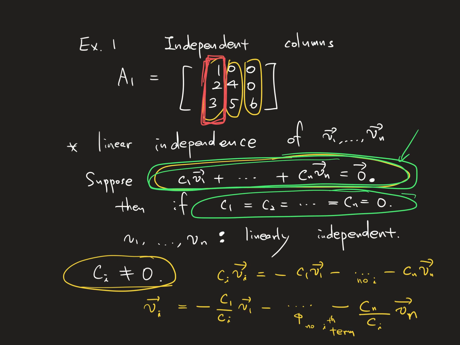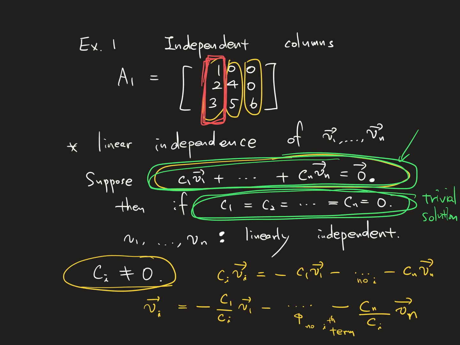So this is a trivial solution. If you assume you can generate the 0 vector and there's only a trivial solution, I mean the weights should be all 0, in that case we say the vectors are linearly independent.